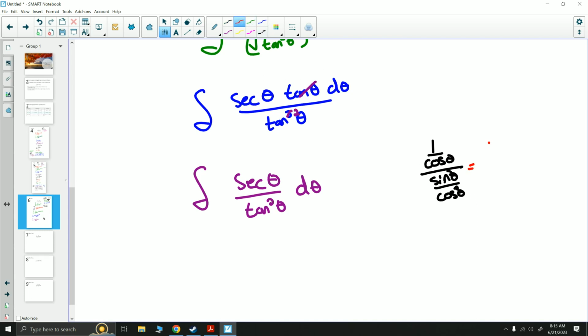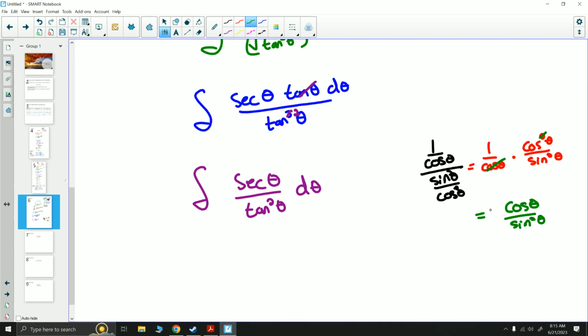That is to say it would be 1 over cosine theta times cosine squared theta over sine squared theta. And this would enable us to cancel. We end up with cosine theta over sine squared theta. This isn't to say that it's necessarily going to save us much work. This isn't maybe any better, seemingly, than this one, but I just want to point out that that's something going through my head when I see something like this.